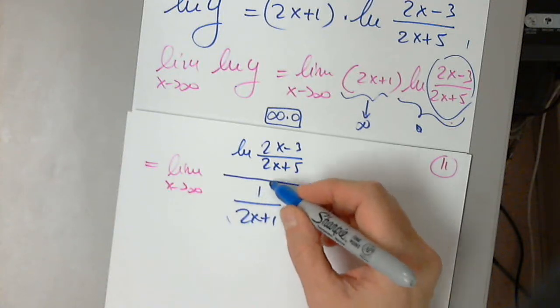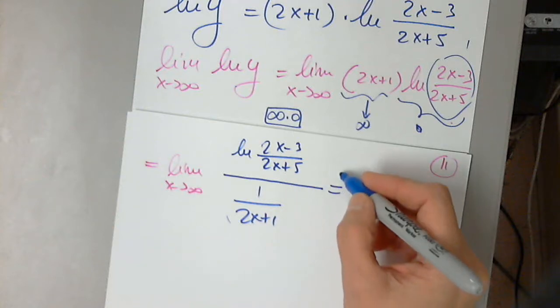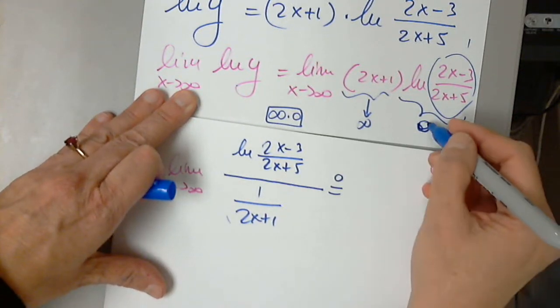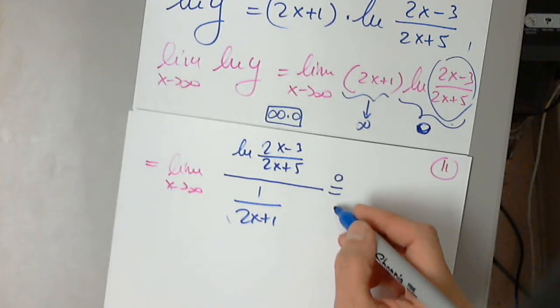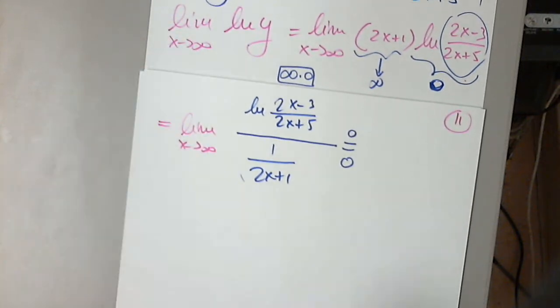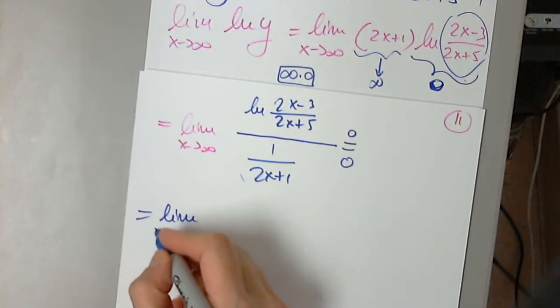The whole thing, the whole denominator. So the numerator goes to 0. Where does the denominator go? 0, of course. It was infinity times 0, so obviously once I bring that infinity to the denominator, it has to be 0 now. Perfect. Okay, we're in business.